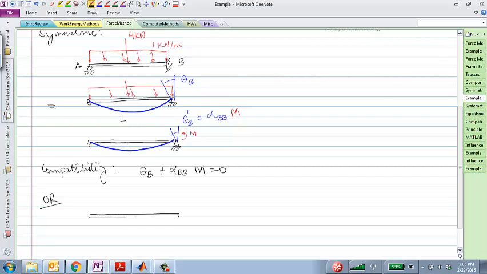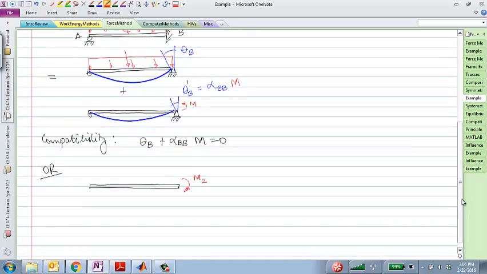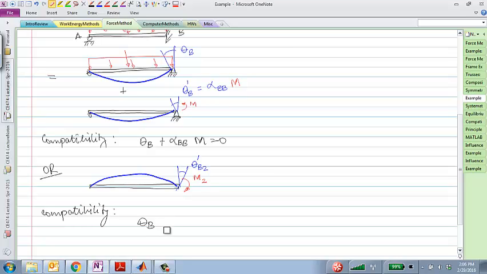So if I had applied a redundant moment in the opposite direction, in this direction, let me call that M2, then I would get a deflected shape something like this, and in which case I would get theta B prime 2, in which case the compatibility equation would be theta B minus theta prime B2, which is equal to theta B, and let me write this also, alpha B B and 2. Would alpha BB change?